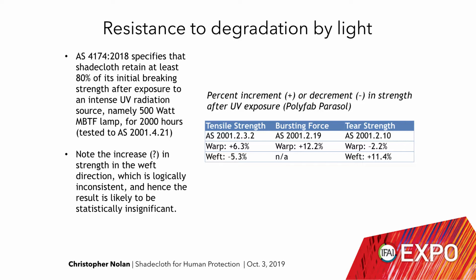You see a decrease in tear strength of 2.2% in the warp direction, and an increase in strength of 11.4% in the weft direction. So in other words, the complete opposite of what's actually manifest in the tensile strength area. And you also have an increase in strength in a bursting force of 12.2%.